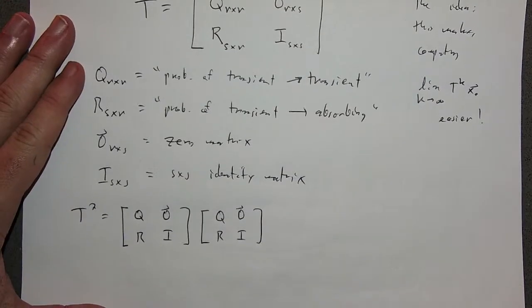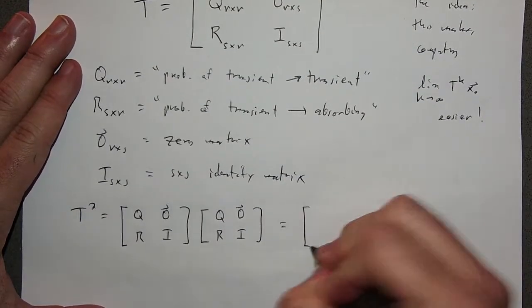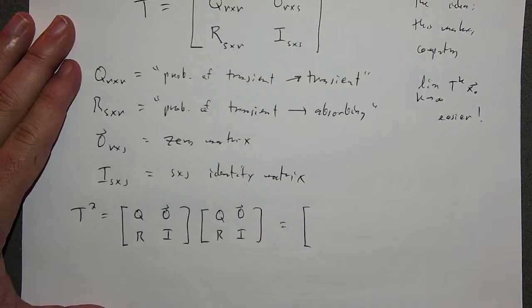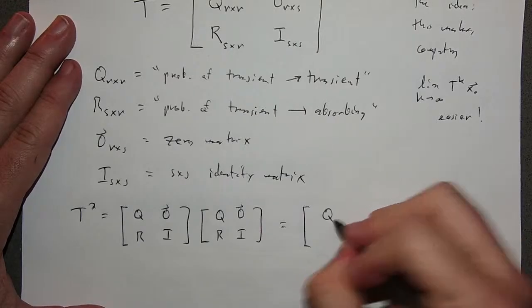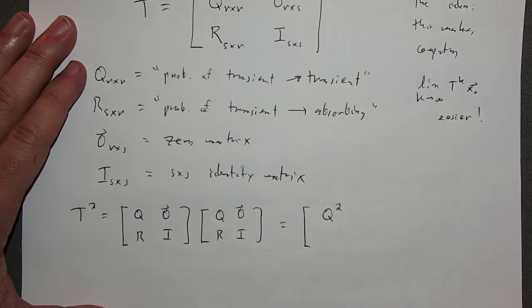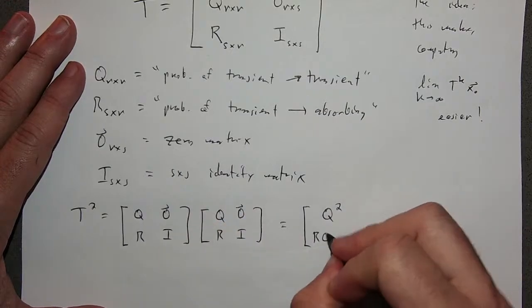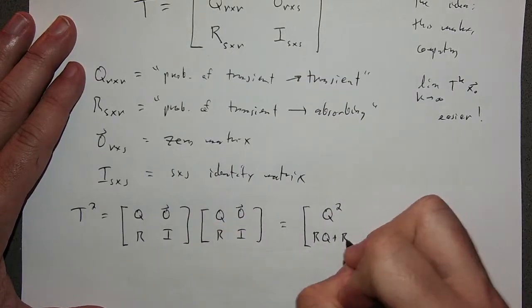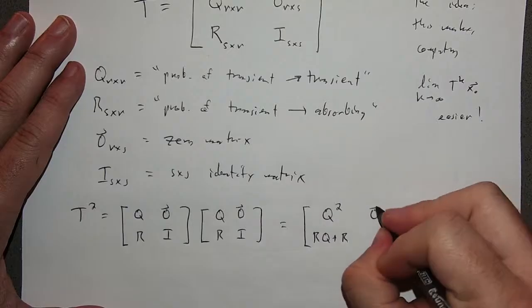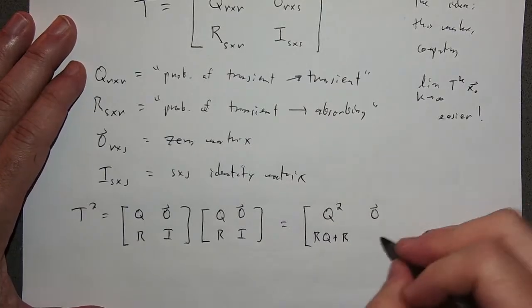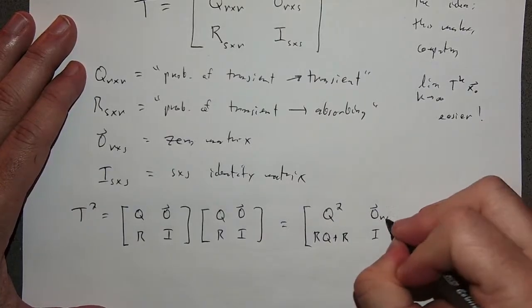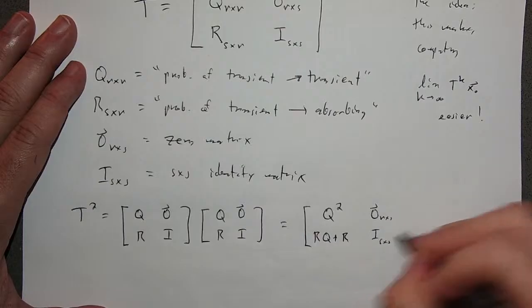When I do this, what do I get? I guess be careful with how this goes. I get Q squared. I get RQ plus R. I get a zero matrix of the same size, R by S, and I still get my S by S identity.